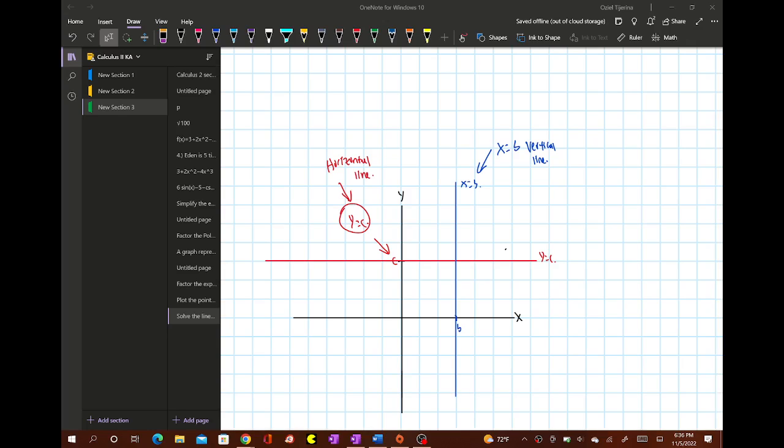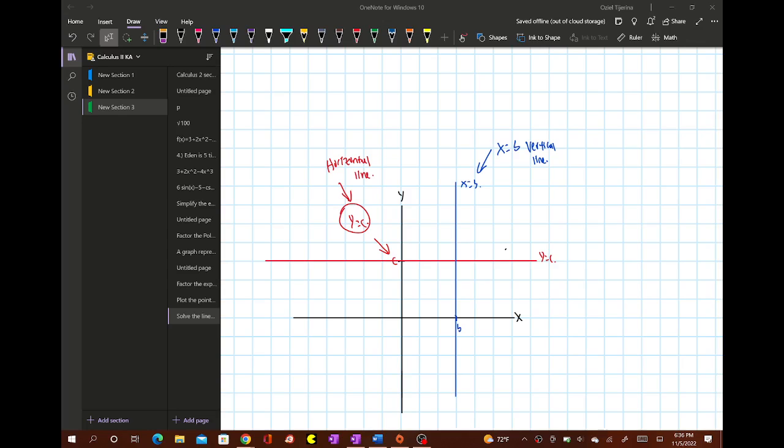So when we have y equals a number on its own, it's literally just a horizontal line that goes through the y-axis, and is of the form y equals c, where c is any number. Now, a vertical line is of the form x equals b, where b is any number, and it goes through the x-axis.